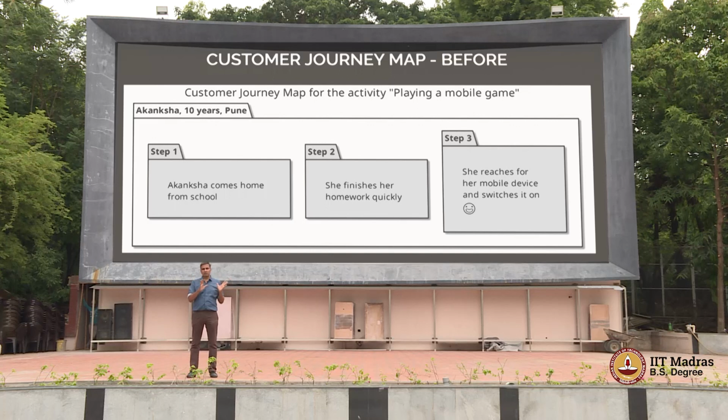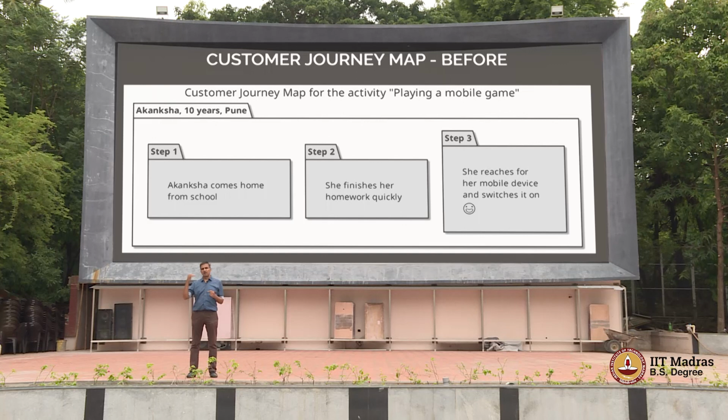Some of the building blocks you can see in the graphic is the persona itself, of course, we already talked about it. What is the activity that you are tracking them for? That will also play a part of your customer journey map. Another thing, in this before part there are two more aspects. One is the intellectual part of the story.